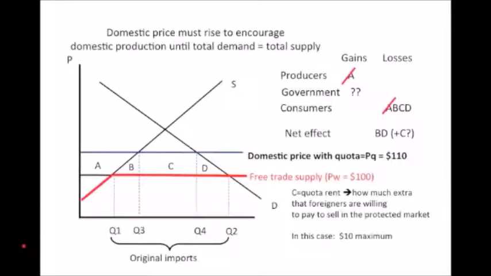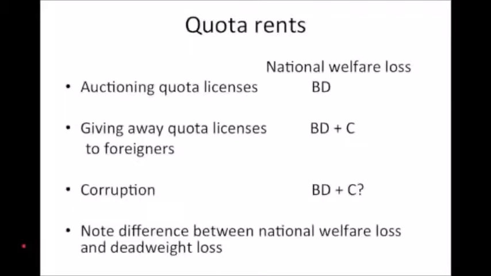Now, they would clearly prefer to pay nothing so that they can just pocket the extra profits associated with the protected market. But the government potentially can gain some revenue by charging foreigners for the right to sell inside the domestic market. So the net welfare effect is going to depend very much on how these quota licenses are allocated by the government.